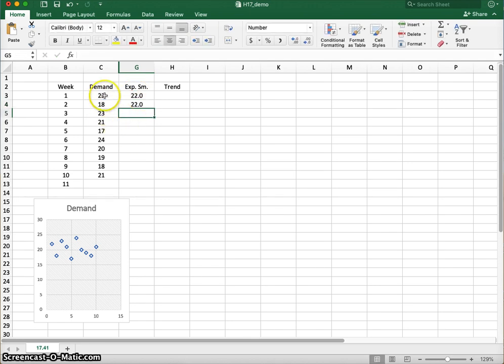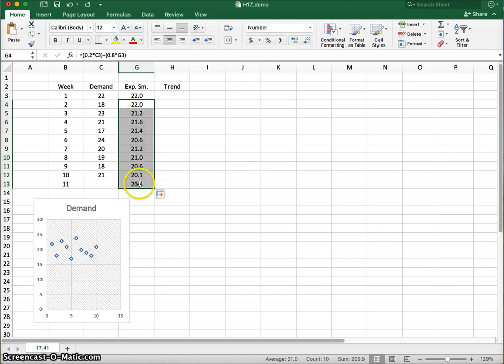Okay, since my last forecast was right on, that gives me basically the naive method. But now that I have forecasts, I can copy that formula down, and it gives me a forecast for every period.